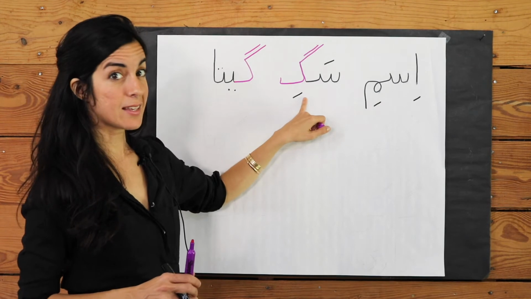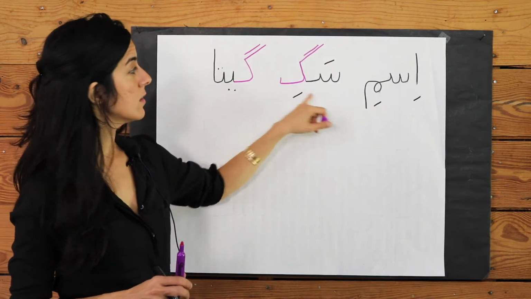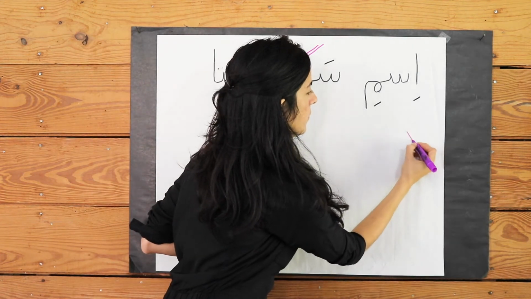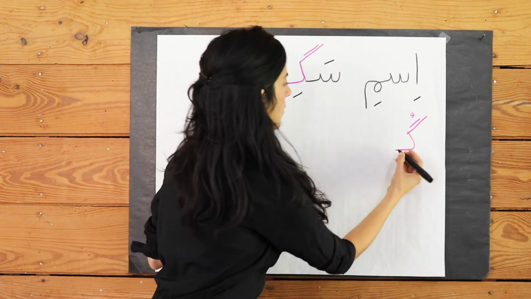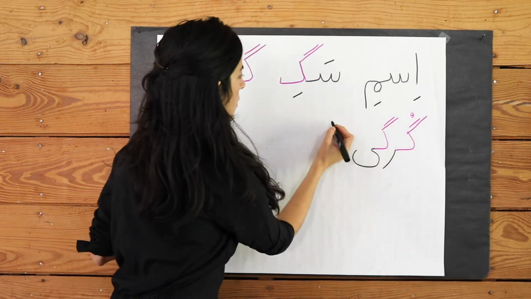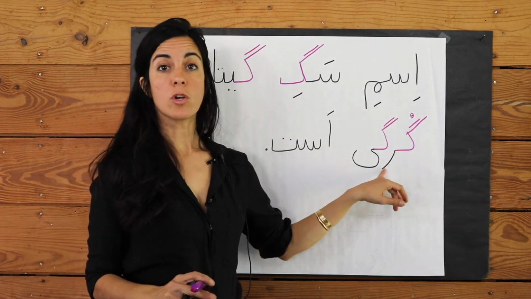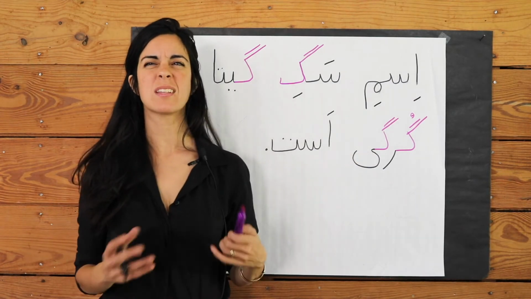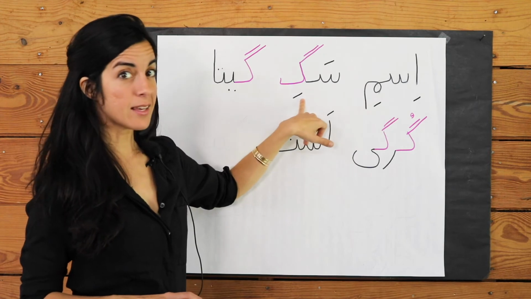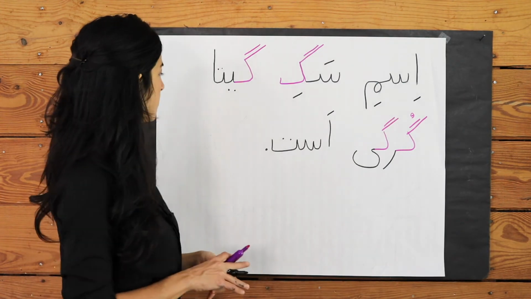Isme sage Gita. This is isme, so the name of, sage, the dog of, Gita. And Gita is a girl's name. Gorgi asked. And Gorgi means something like wolfy. So it's a cute name for a dog. It's a very common dog name in Persian. So, isme sage Gita Gorgi asked. The name of Gita's dog is Gorgi.